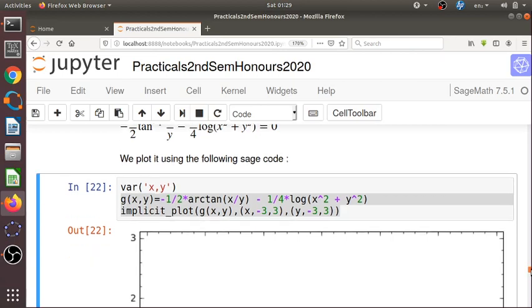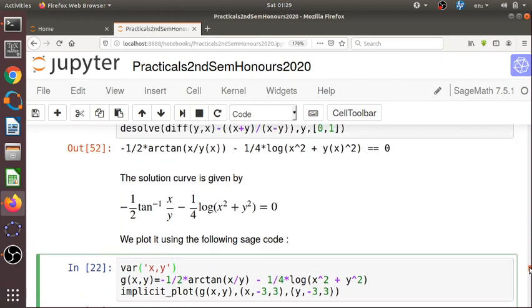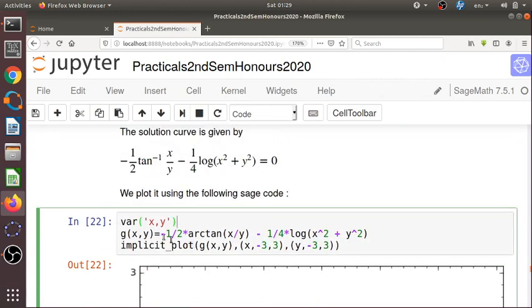So we plotted using the following Sage code. Here you see the solution is not given in the form y equal to f of x. It is given in an implicit form. So in order to plot this curve, we will use implicit plot. That also we have already done in the first semester.